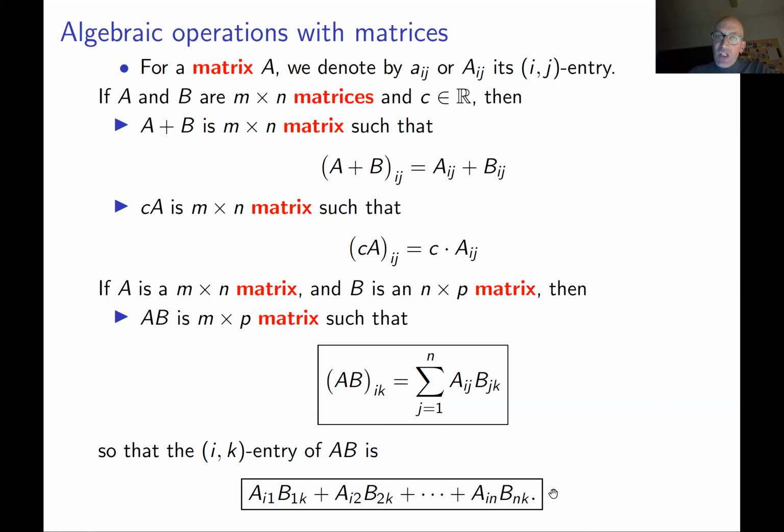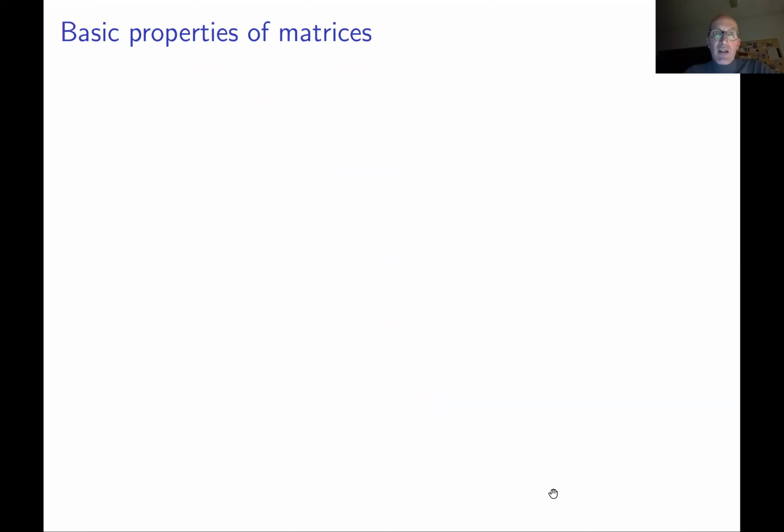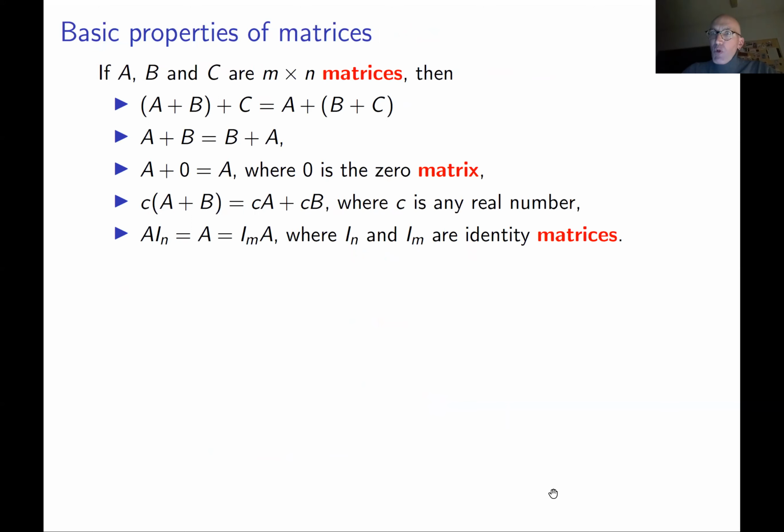Okay, so now once we have defined these operations, let's derive some properties of these operations, basically using only the definitions on this slide. A few basic properties are very similar to what we already did with vectors. For example, if we add matrices, this operation is associative.